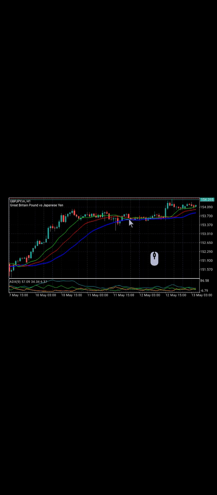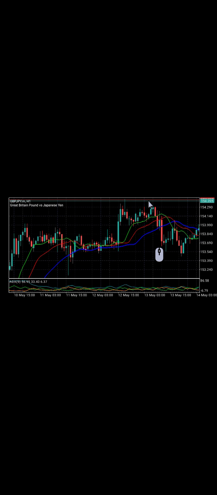That is a small down move. And then you see another movement here at this point, where the green again was above both the blue and the red. You see we had a little powerful uptrend right here.